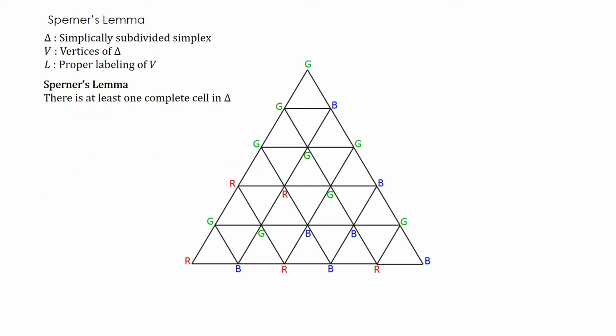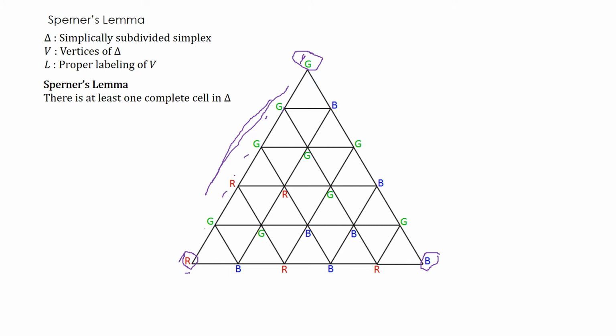So here's what we did. We started off with a large triangle and we labeled its 3 corners using R, G, and B. All 3 must be different. And then we labeled all the vertices along the edges using only the 2 extreme colors, R and G, for all these vertices.